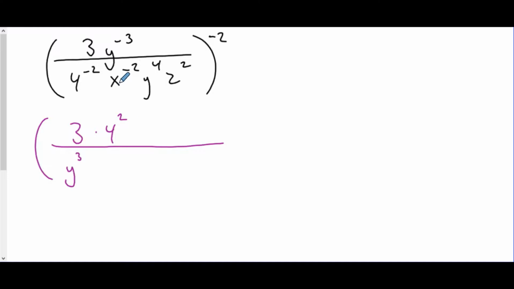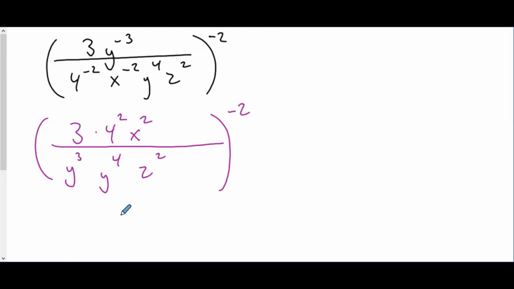This x has a negative exponent. It's in the denominator, so I'll move it up to the numerator. This y has a positive exponent, so I will leave it where it is. It's in the denominator. I'm going to keep it in the denominator. And last, the z. Z is a positive exponent, so I will leave it where it is. We'll deal with that negative exponent later.